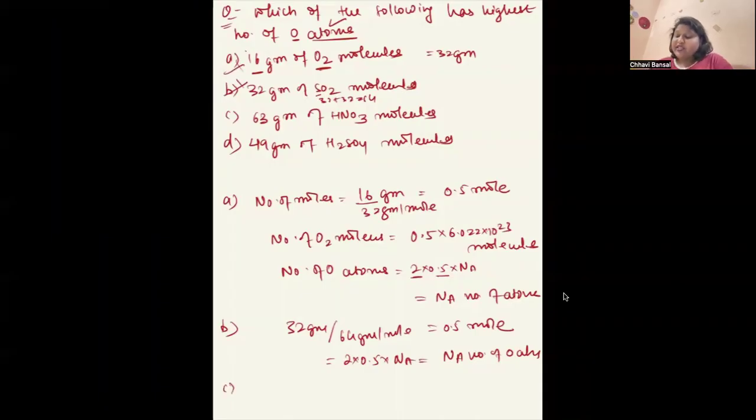C. 63 grams of HNO3. Let's find out the molecular weight of HNO3. H is 1, N is 14, O3 is 48. Total 63. So the number of moles of HNO3 equals 63 grams divided by 63 grams per mole, which gives us 1 mole.